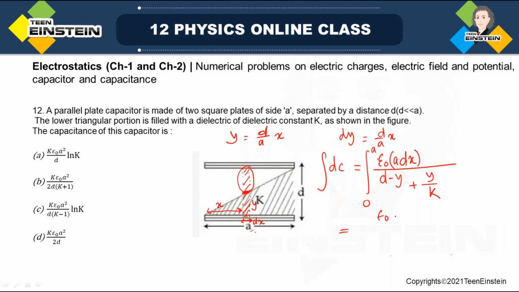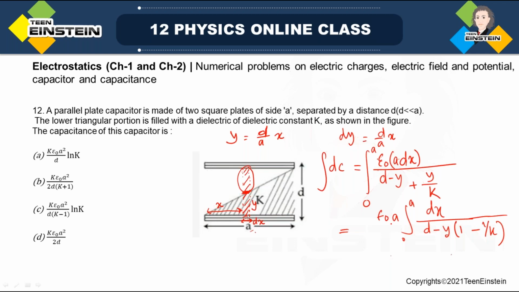Epsilon 0 a can be kept out of the integration because they are constant. So dx, the limit goes from 0 to a, and this is d minus y; let us take y common from here, so minus 1. So here it will be plus 1 minus 1 by k.